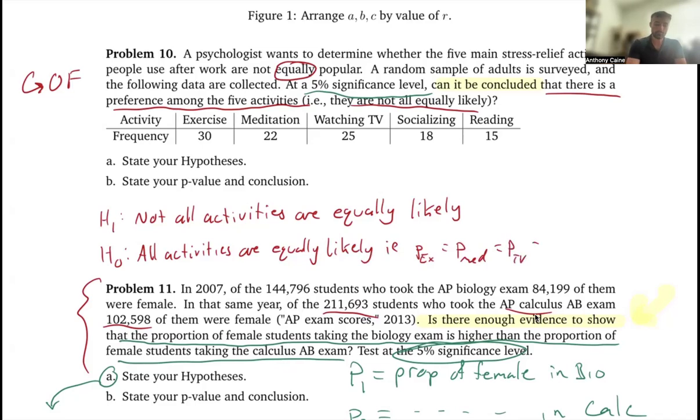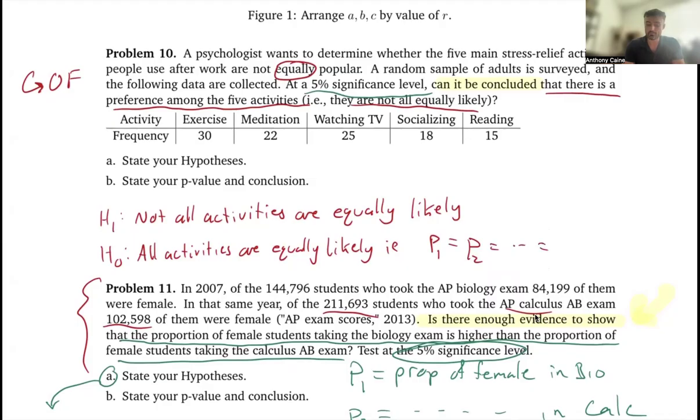And our textbook doesn't like to use subscripts with names. It's like I just wrote PEX for probability exercise. What our textbook likes to do is just say P1. The probability of being in the first category, which is the exercise category, is the same as being in the second category, which is the meditation, and so on, until the fifth category, which is reading.